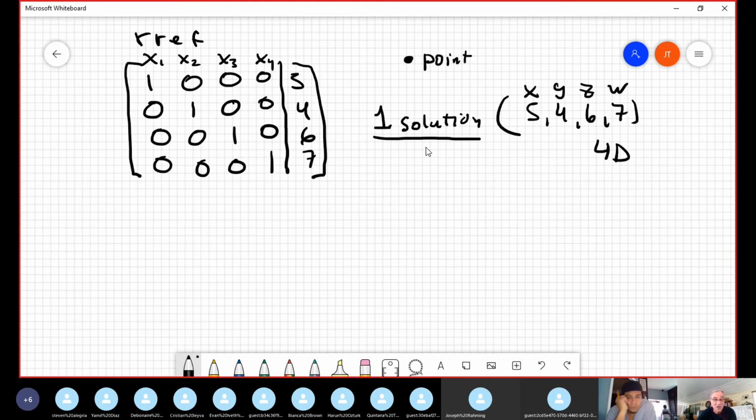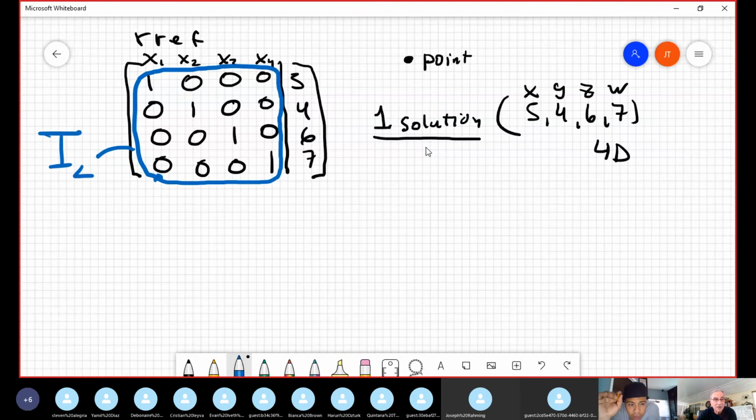How do you know that? Because you can see clearly here, it's the identity matrix of dimension 4. This is I4. Remember, the identity matrix is a special matrix where the main diagonal is 1 and the rest is 0.